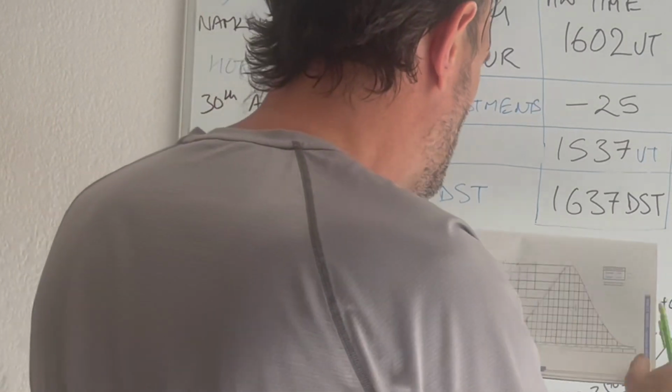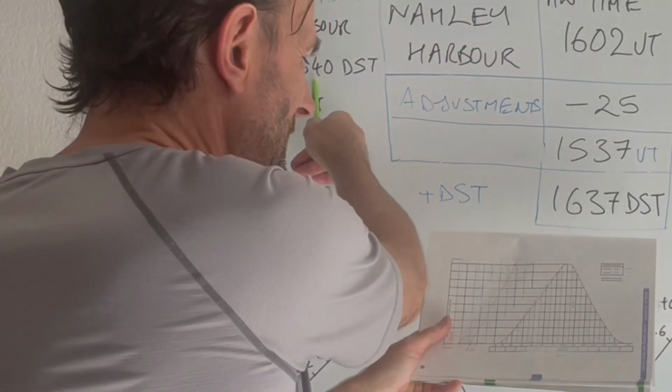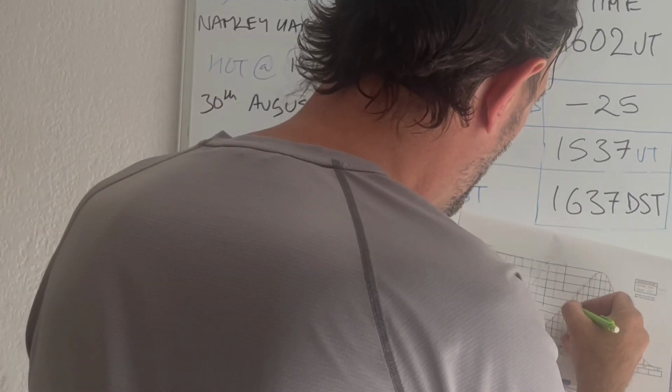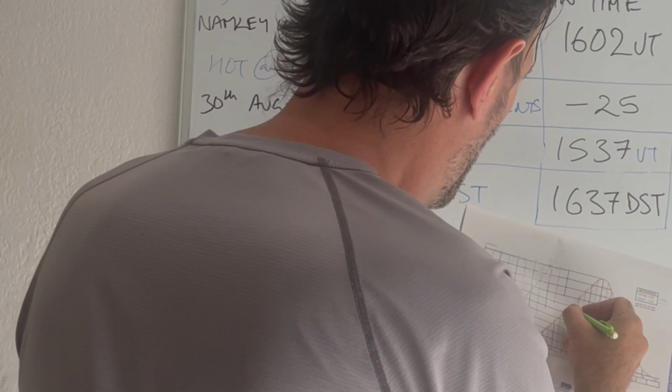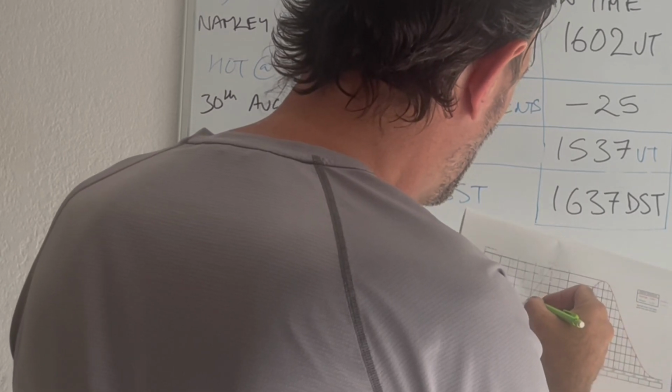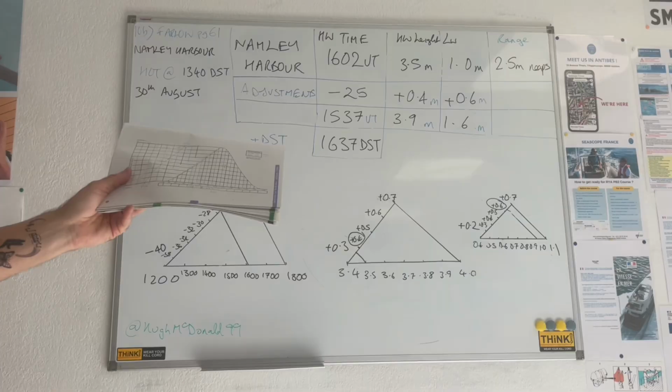And then we're more or less in a position where we can start answering the question that we were asked, which is at 1340. We're going to go on up to that neap curve there. And then we're going to go across to our scalar line. I'm going to do that as accurately as we can.